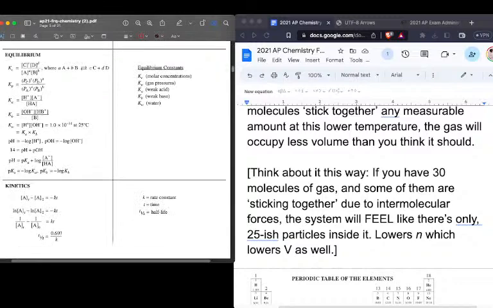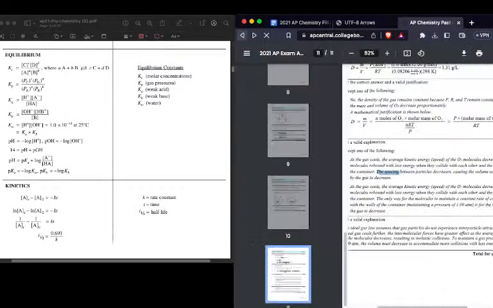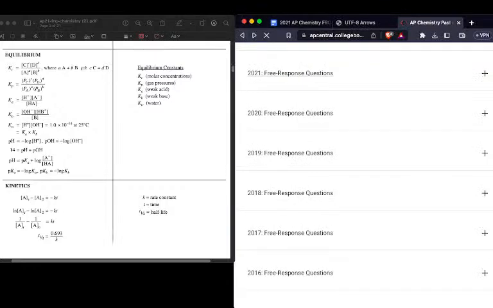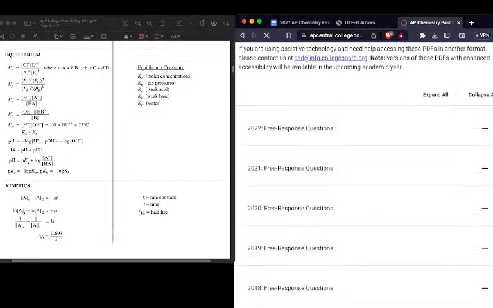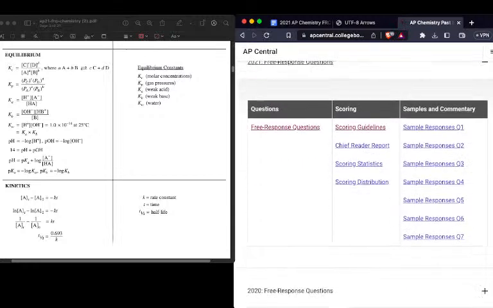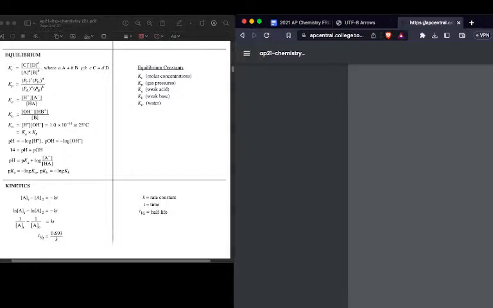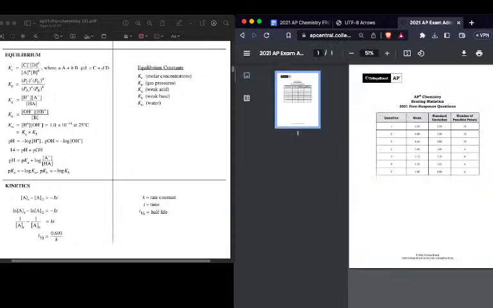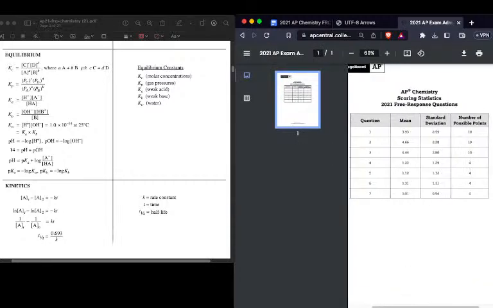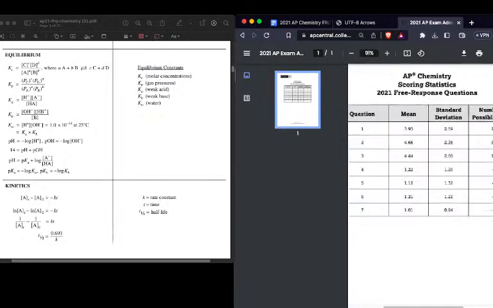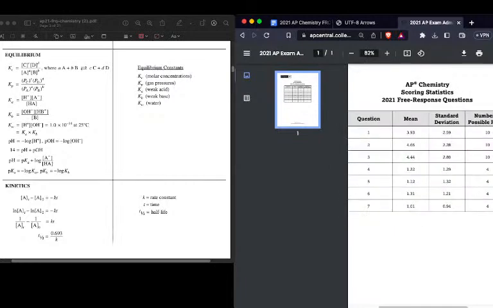I wanted to point out how many points most kids got on some of these questions. You're allowed to go look at that on the AP website. Here we are, scoring statistics. Here it is. On question 7. Wow.